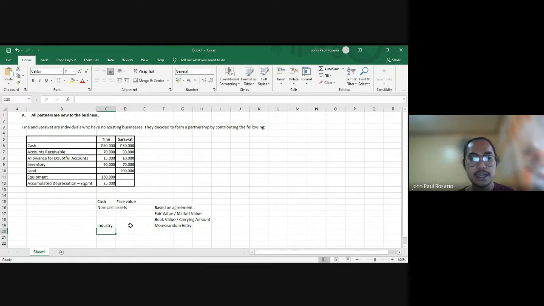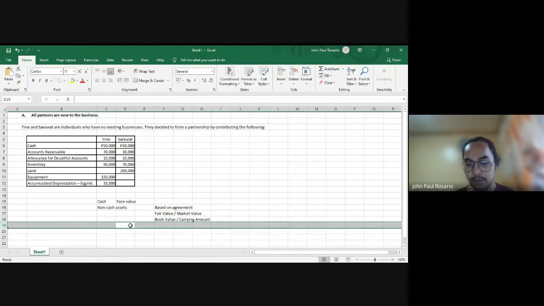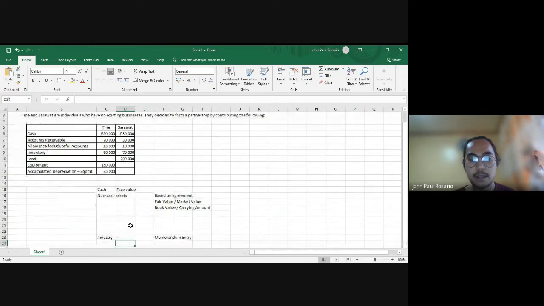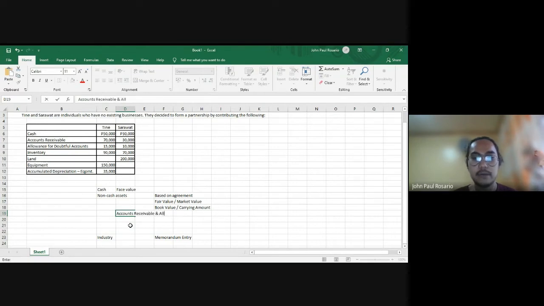Now, for your non-cash assets, we have peculiarities, no? Actually, ang medyo peculiar lang is as to valuation, patante lang for accounts receivable and allowance for doubtful accounts.